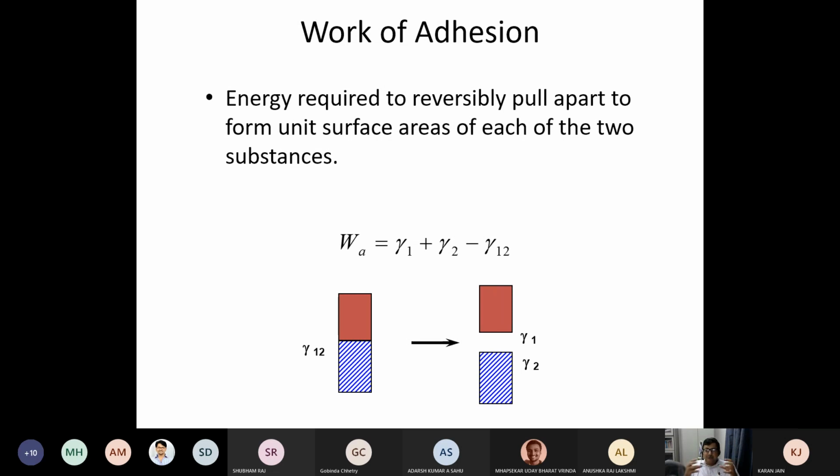Now, if you bring two different surfaces together, and when you join them, if they don't release the energy, then they will remain separated.